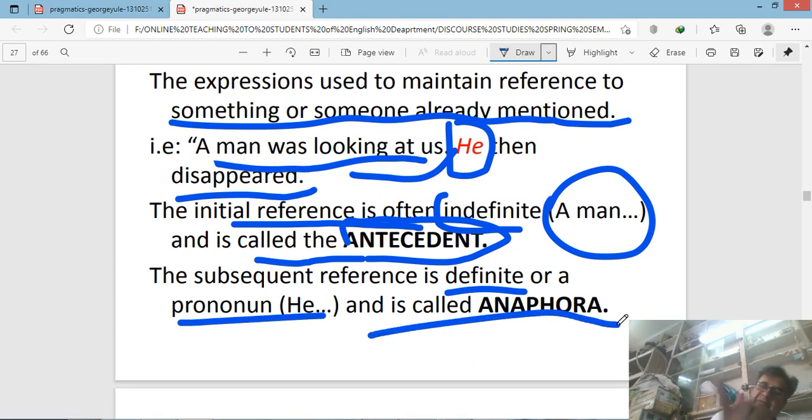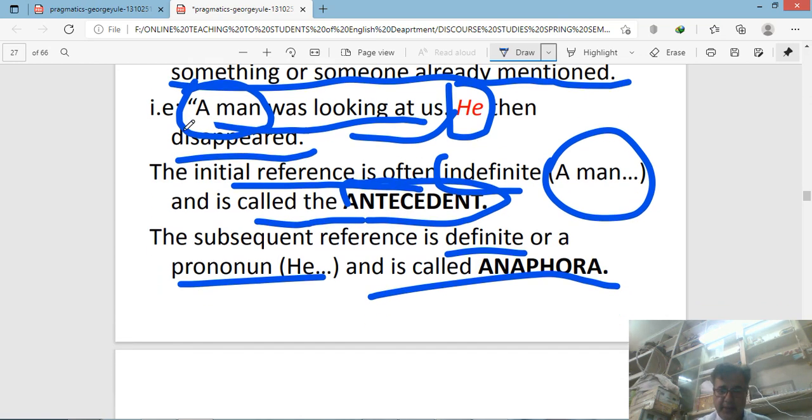So in the sentence "A man was looking at us", a man is mentioned before, which is indefinite. "He" here refers back to a man. So this "he" is the anaphoric expression, and the first "man" is the antecedent, which is not known.